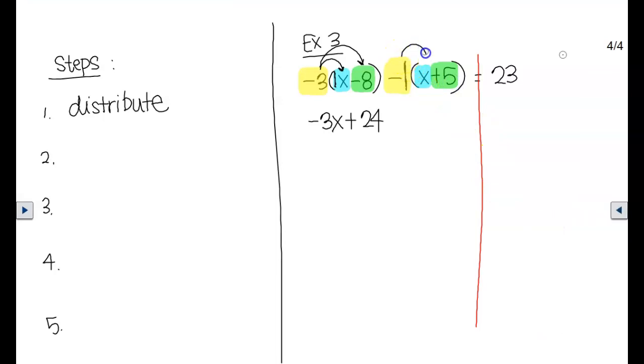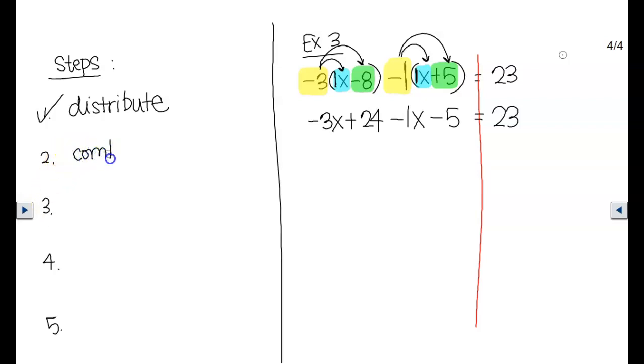So we're going to do -1 times 1x. -1 times 1 is -1x. And then we're also going to do -1 times positive 5, which is -5. So we have now distributed. Take the number in front of the parentheses and multiply it by each member of that group.